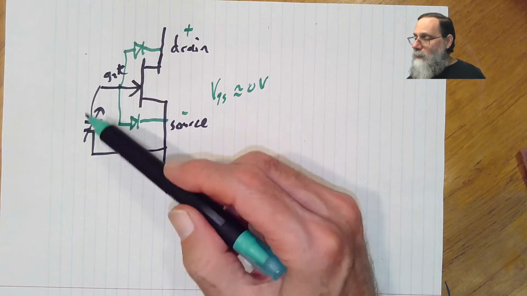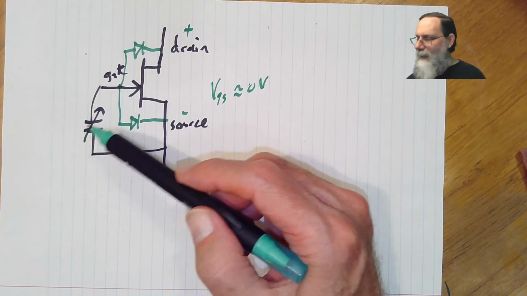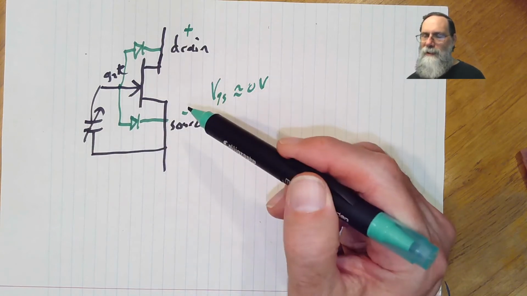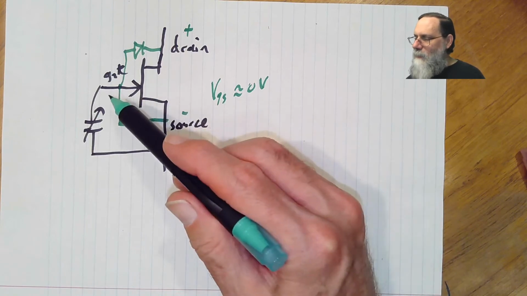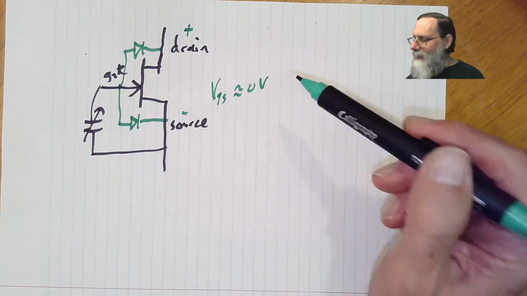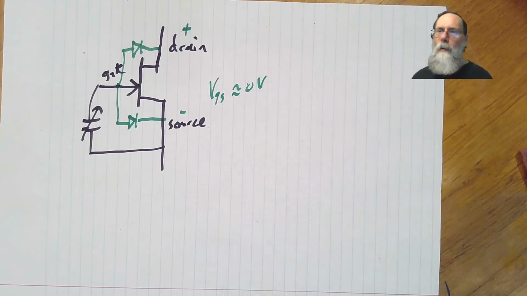So we're not going to see the signal disappearing as a result of leakage through these diodes. We will, however, see that this will eventually get to 0 volts here. And so we can pretty much model the whole thing as if we just have 0 volts there.